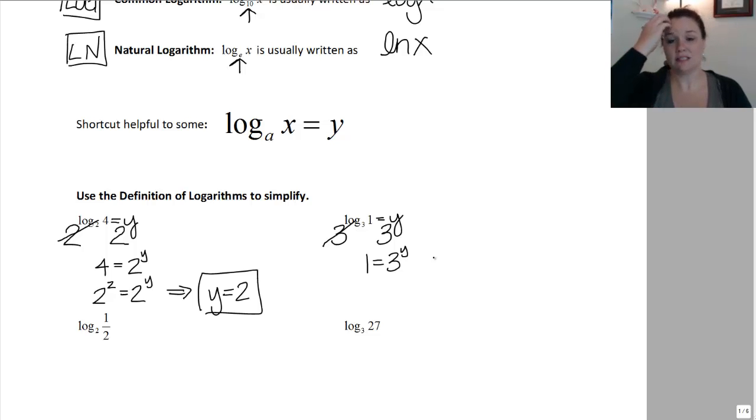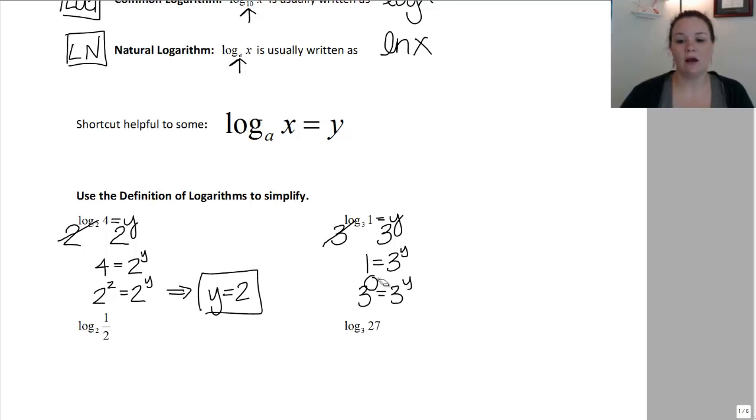Now if I want to solve this like the other one, I need to write both of these with the same base. I can't raise 1 to any power and get 3, right? 1 to any power is 1. So I'm going to write them both with base 3. What power of 3 gives me 1?